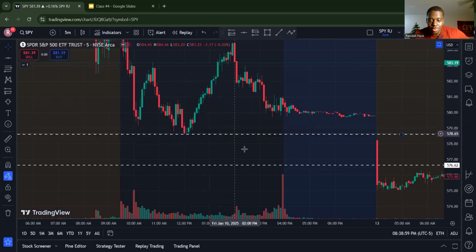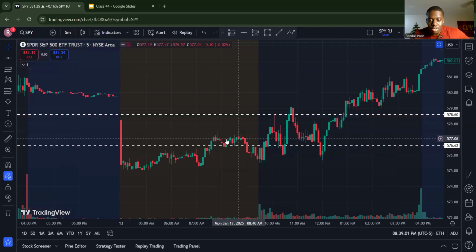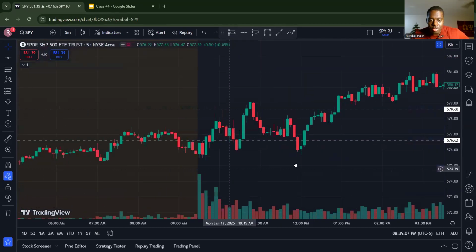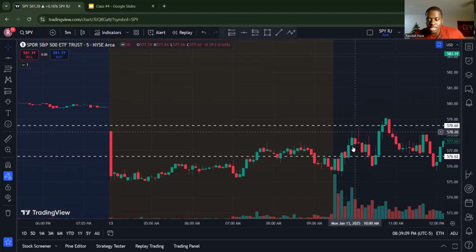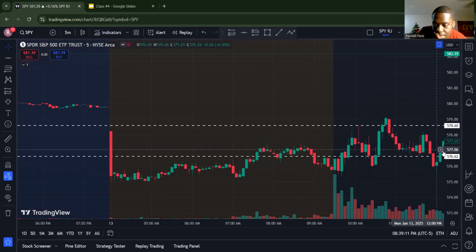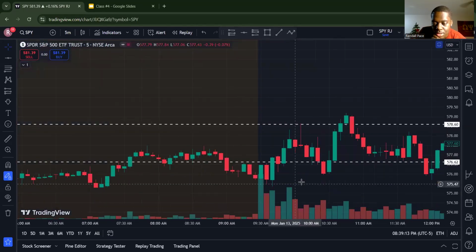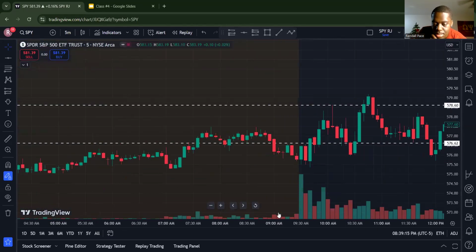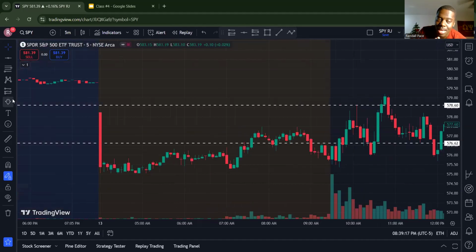Break a level, you're looking for the retest. Looking for a retest up here, and you're looking for a bearish candle because you're looking to take it back down. So when you get that bearish candle, you typically want to aim for the lows, right? Which would be somewhere down here.